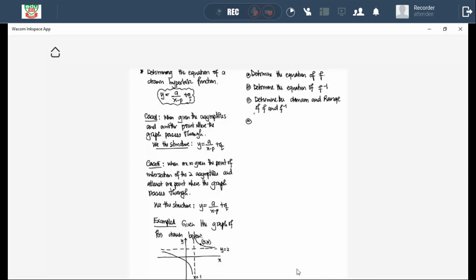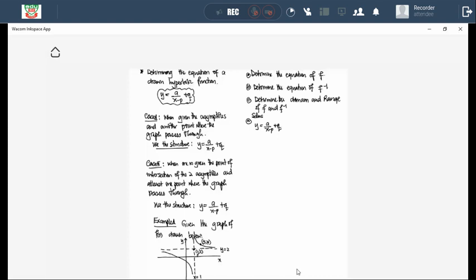A, the solutions. Determine the equation of f. f is a hyperbolic function. Since it is a hyperbolic function, I'm going to say y is equal to a all over x minus p, plus q. Why? Because I'm given the asymptotes and at least a point where it passes through. Now, if you look at my asymptotes, I know that their point of intersection is what? (1, 2).